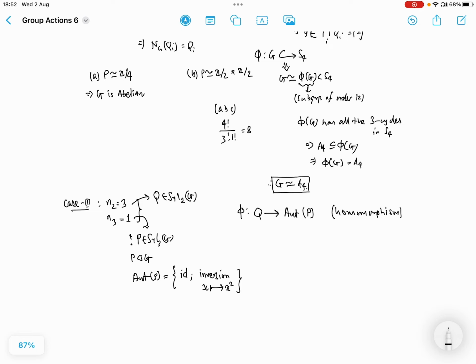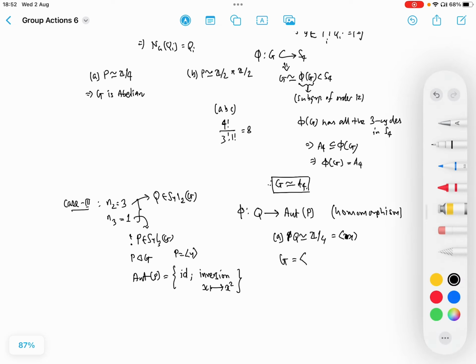So let's see. Now again, first case, P is fixed. So suppose Q is Z modulo 4Z, the cyclic group. Then you can write it with generators in this way: suppose Q is generated by X, and suppose P is generated by Y. Let me write it.